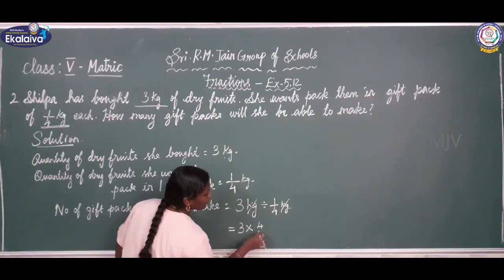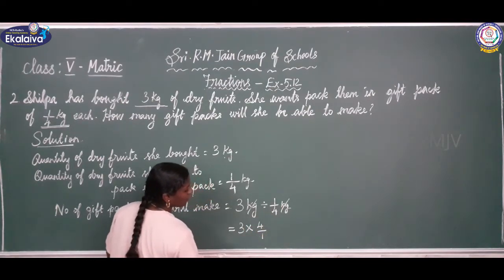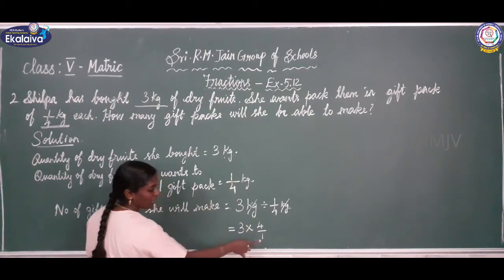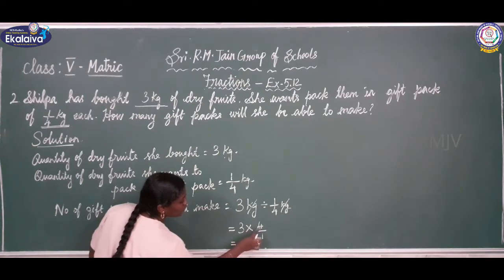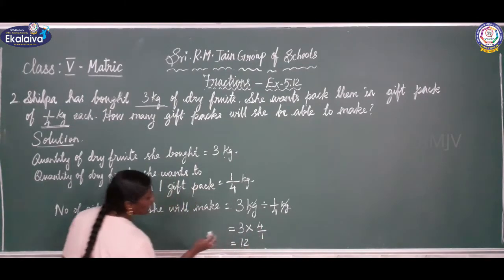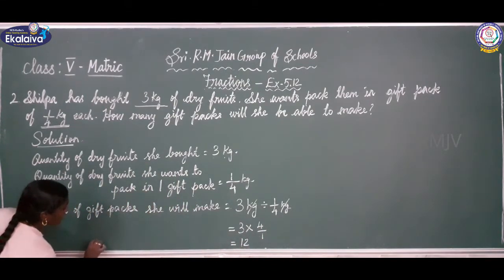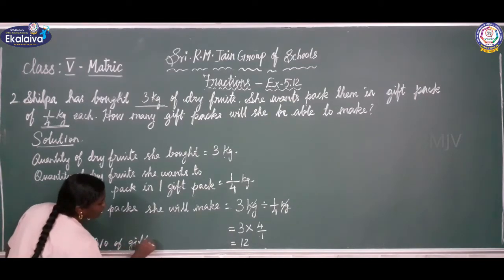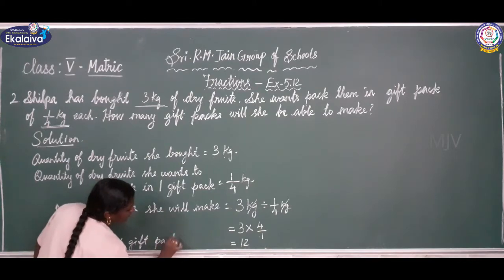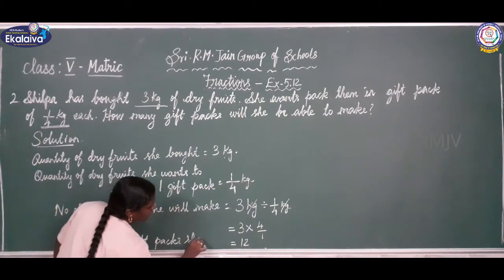The reciprocal of 1 by 4 is 4 by 1. Here in the denominator we have only 1. So we multiply 3 into 4, 12. This is the number of gift packs she will make.